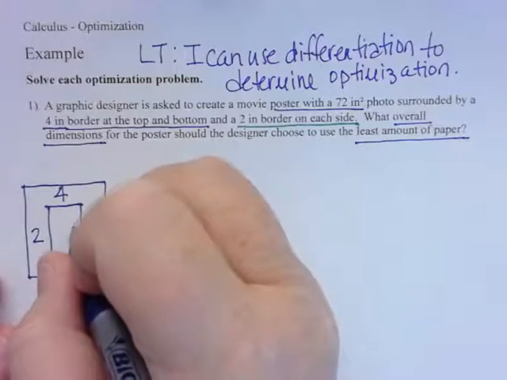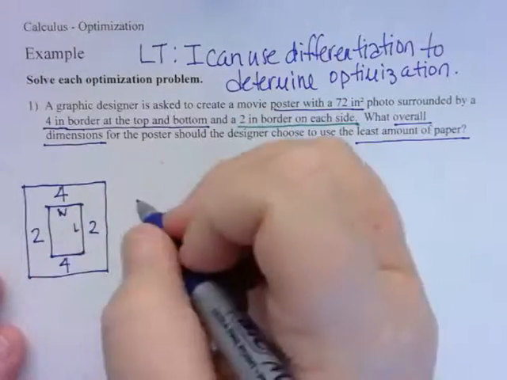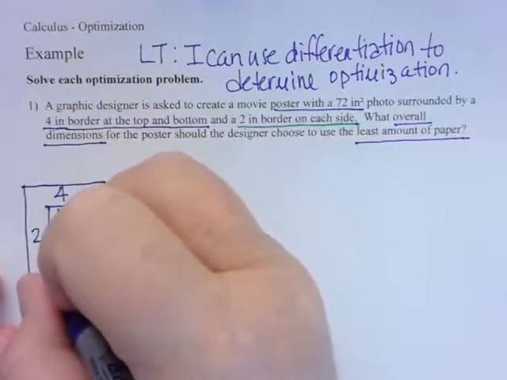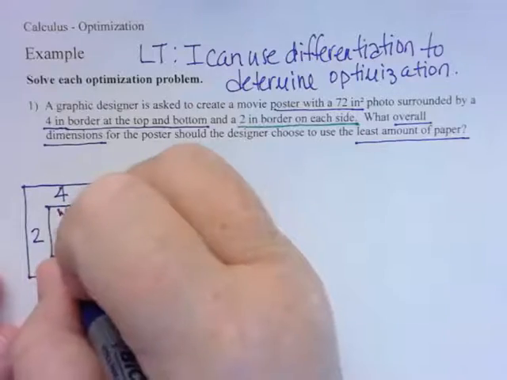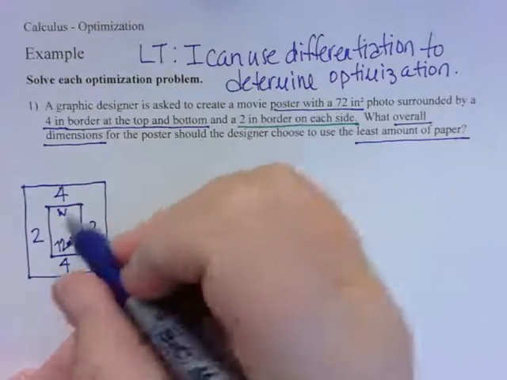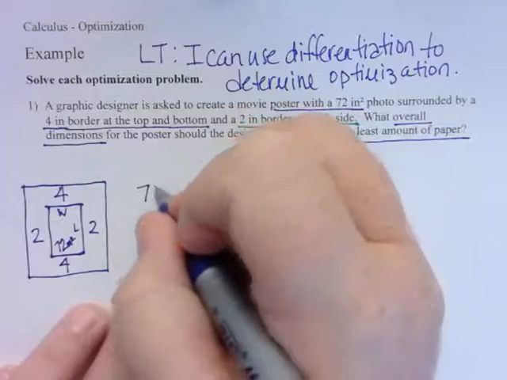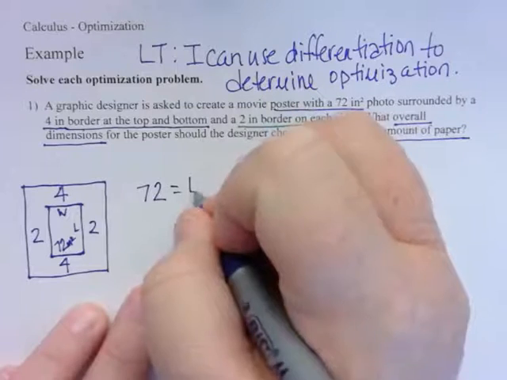I have a length and a width of the poster, and I know that this inside area is 72 inches squared because the photo is 72 inches squared. So I know that I'm going to have one equation. 72 is equal to length times width.